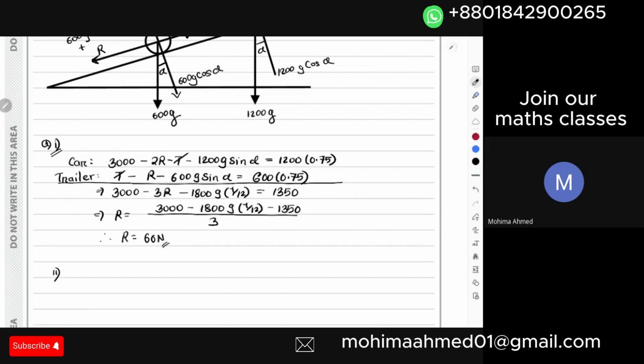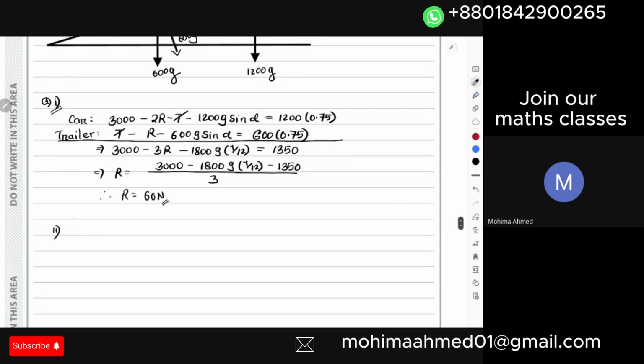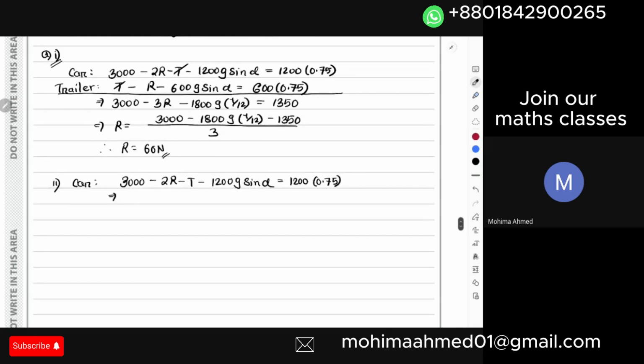Okay, if the value for your R is now 60 Newton, now you can easily calculate the tension in the tow bar by using 3000 minus 2R minus T minus 1200 g sine alpha, then 1200 times 0.75 expression. After this you get the value for your T as 3000 minus 260 minus 1200 g 1 by 12 minus 1200 times 0.75.